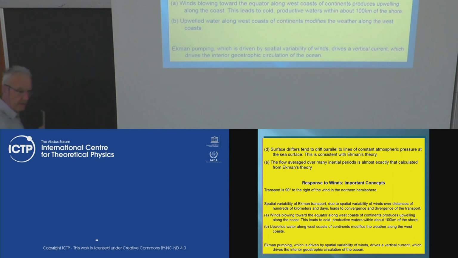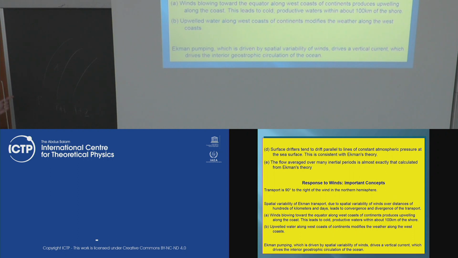Okay, let me try. If these are isobars, P plus 1, P plus 2, then in the case of perfect geostrophy, we will have this thing here. This is geostrophy, is it right, living in the northern hemisphere?